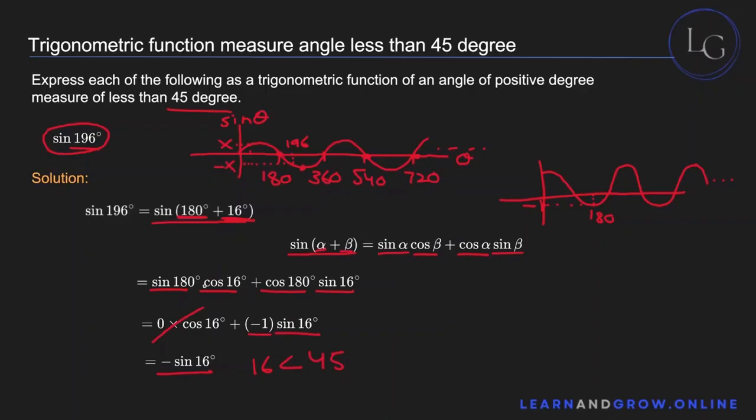And so when you write down negative sine 16 or negative sine x, that gives you the same value as sine 196, right? And that's just a very simple way of verifying this. But again, you don't need to do that. You just need this trigonometric identity, and you can solve this directly.